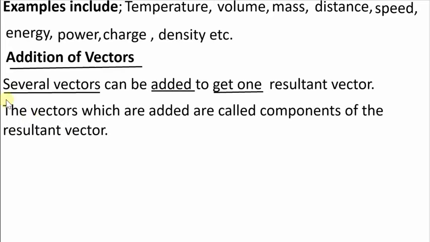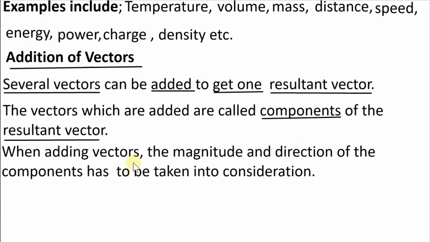The vectors which are added are called components of the resultant vector. The smaller vectors which you add to get the resultant vector are what we call the components. It's very important you understand this.